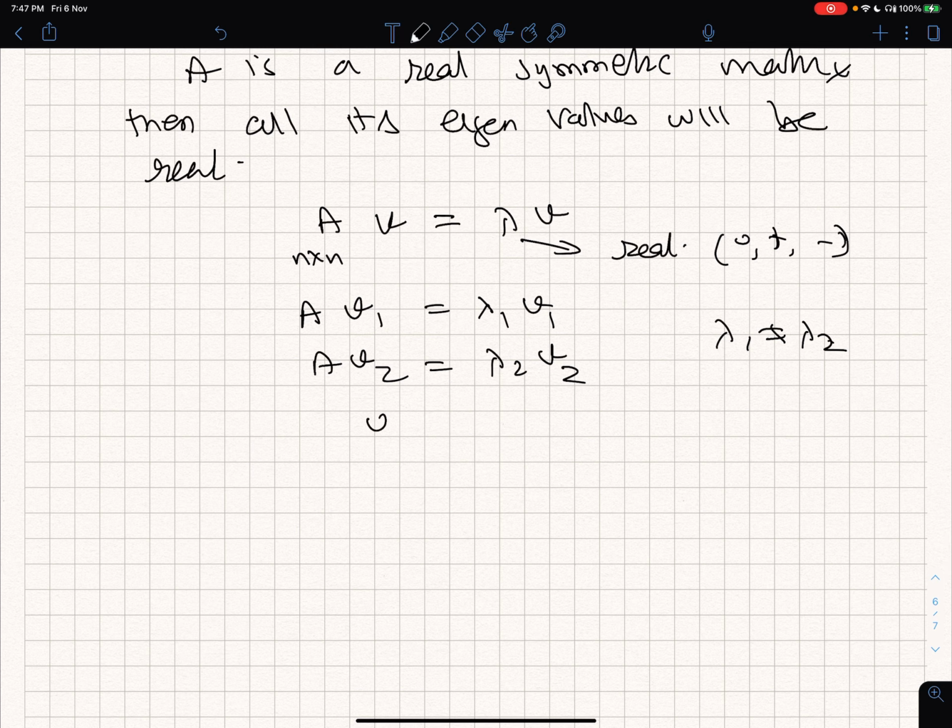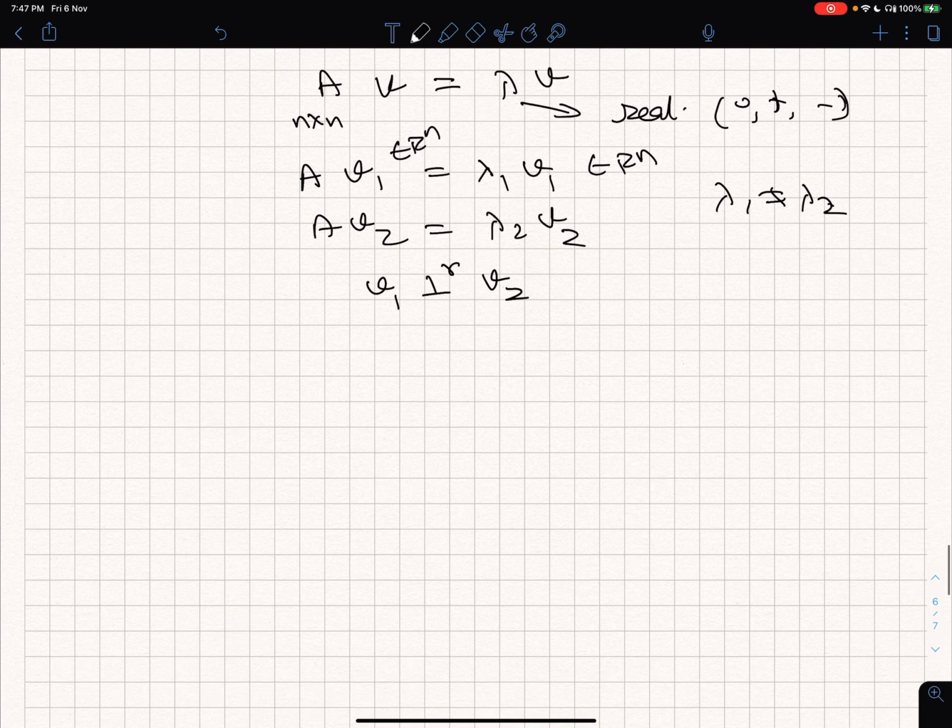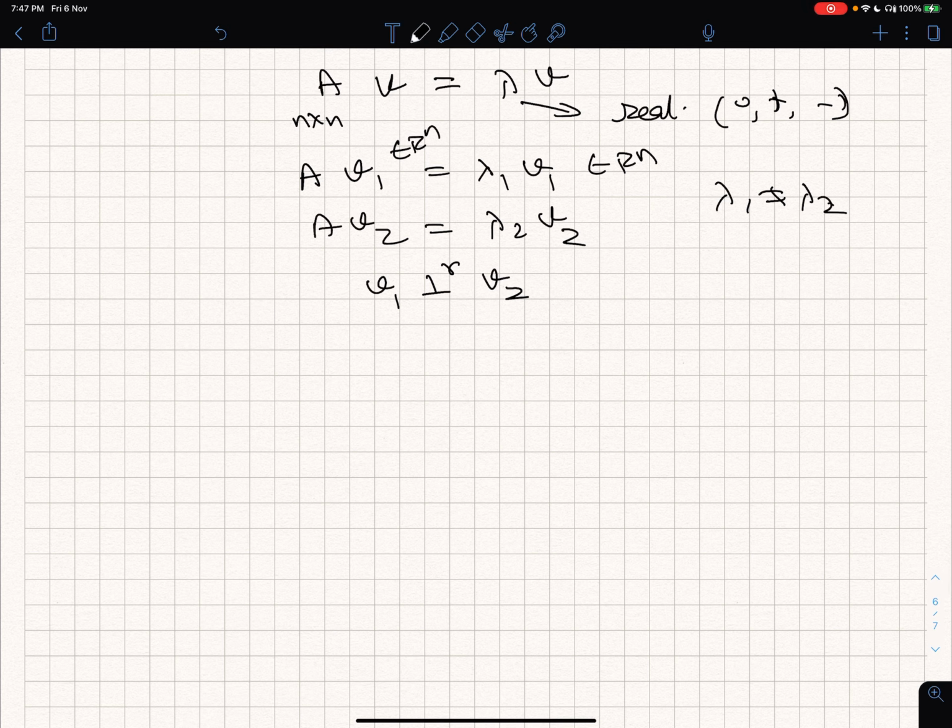Then I can easily show that the vectors v1 and v2 will also be real in this particular case, and that v1 and v2 are perpendicular to each other.